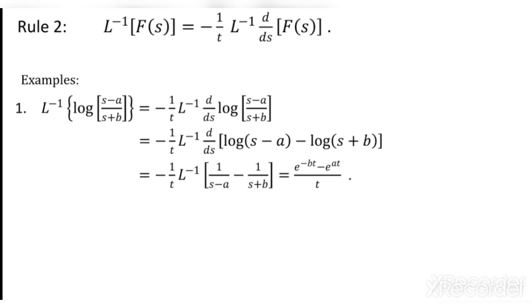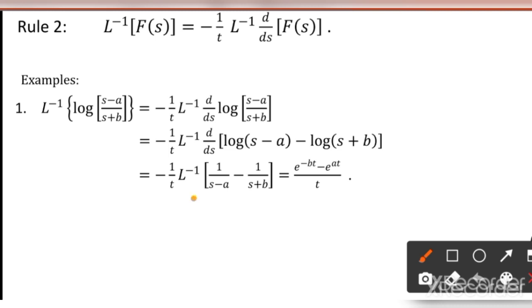Is it that correct? See here, we have L inverse of 1 over s minus a minus 1 over s plus b. Each is exponential now. We get e power at and minus e power bt. But once you get that, obviously outside we have minus 1 by t. This is a standard. Minus 1 by t multiplied. So I get the result e power minus bt minus e power at by t.